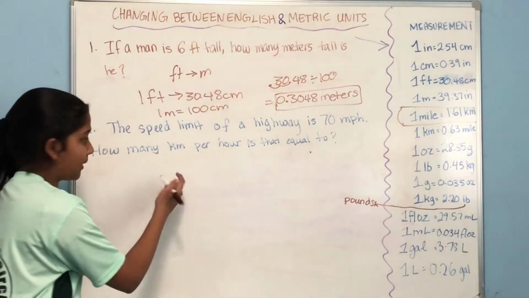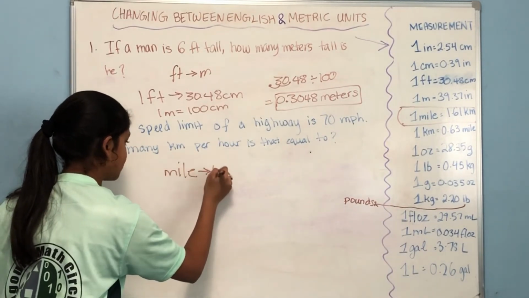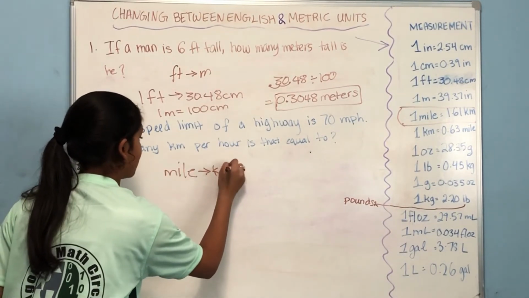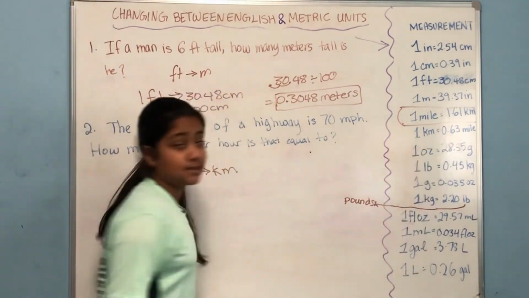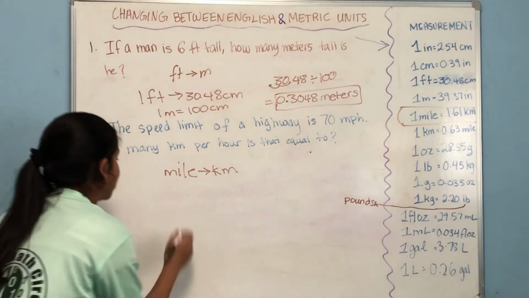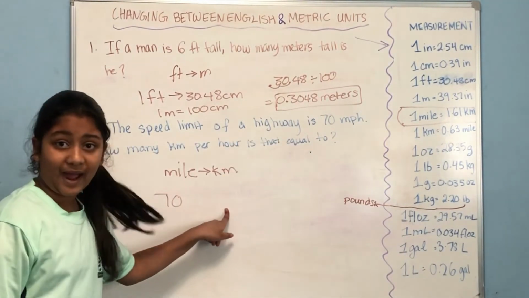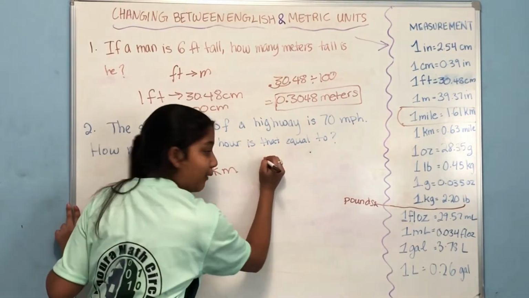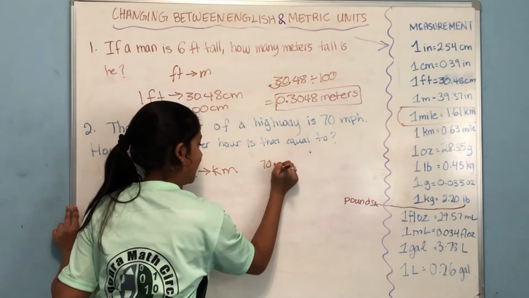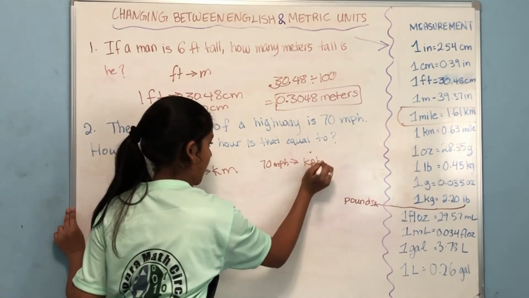And since we're doing miles to kilometers, this is probably what we should use other than kilometers to miles. So we have 70 miles, and we have to convert that to kilometers, and it's actually 70 miles per hour. And we have to convert that to kilometers per hour.